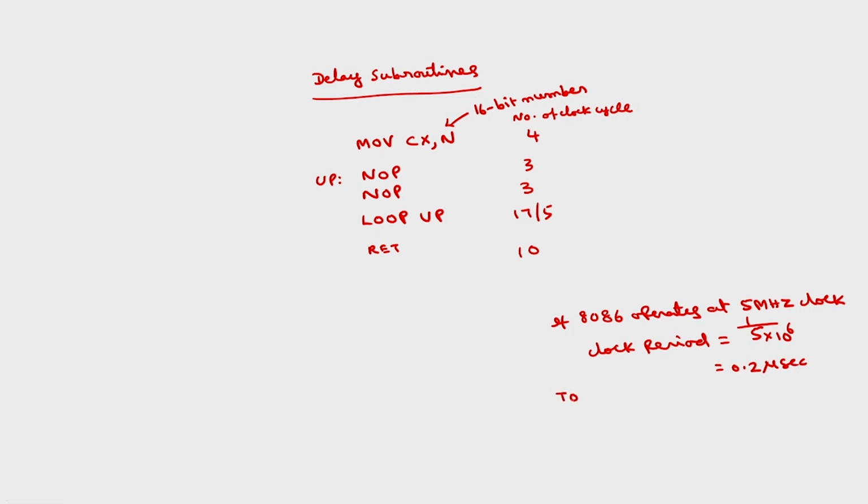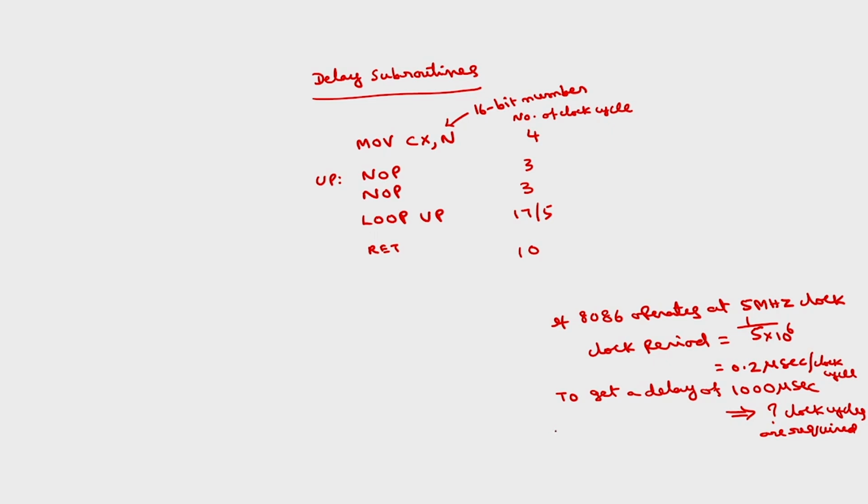To get a delay of 1000 microseconds, how many clock cycles are required? So, this is 0.2 microseconds per clock cycle. Okay.